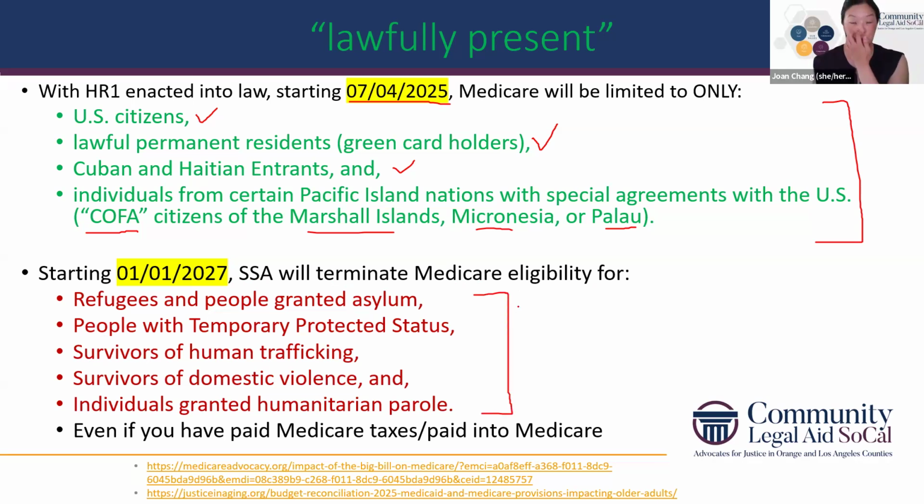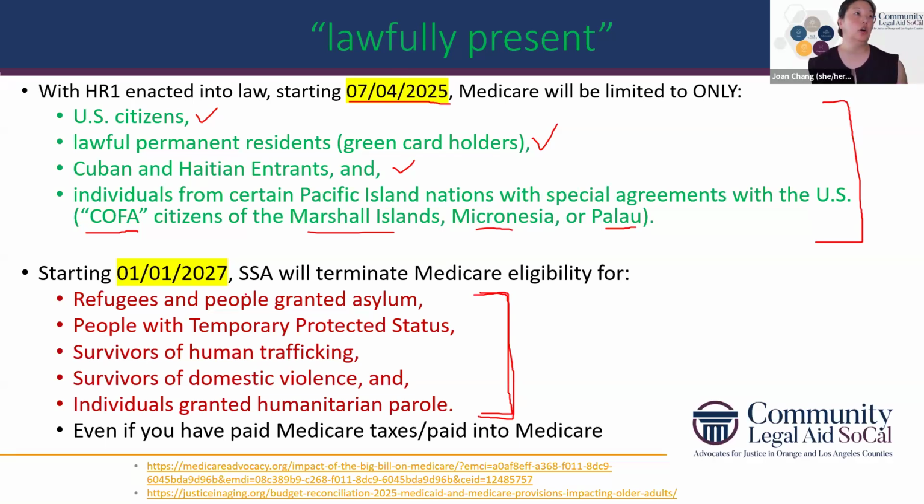These folks used to have access to Medicare before HR 1, before Congress and the president signed off on it. They used to be okay to receive Medicare. The law has now changed with Congress and the president signing HR 1 into law.